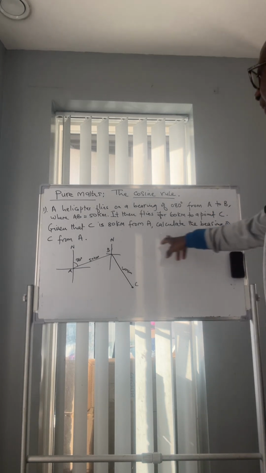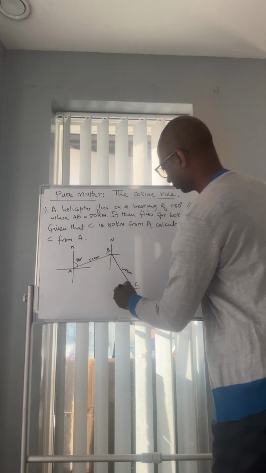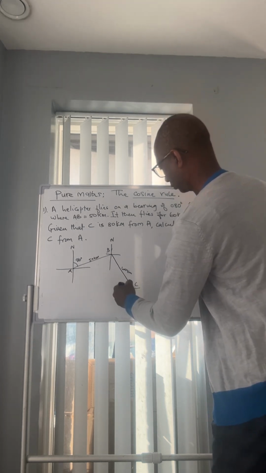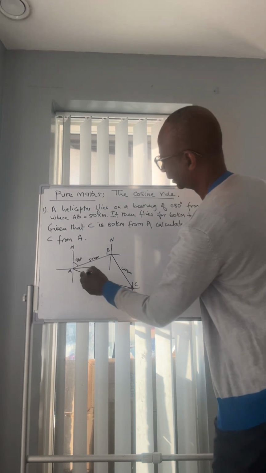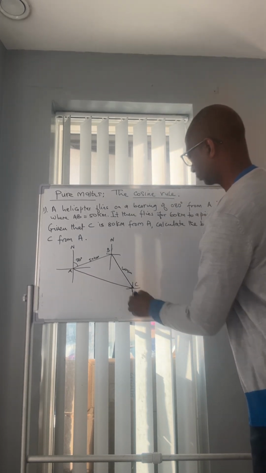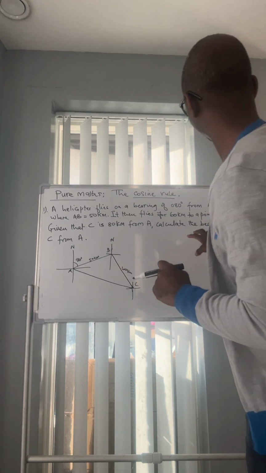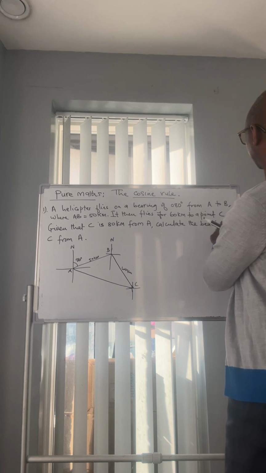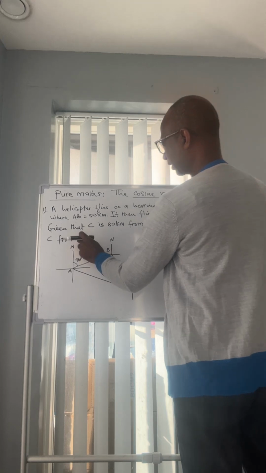You are now asked to calculate the bearing of C from A. So when it reaches here, just for illustration purposes, we are now asked to calculate the bearing of C, this point here, from A. When it says calculate the bearing of C from A, this is what you look at.